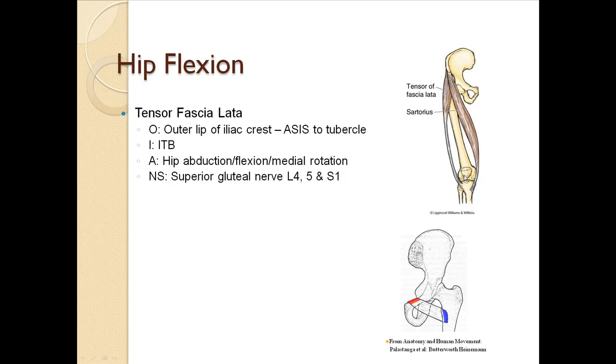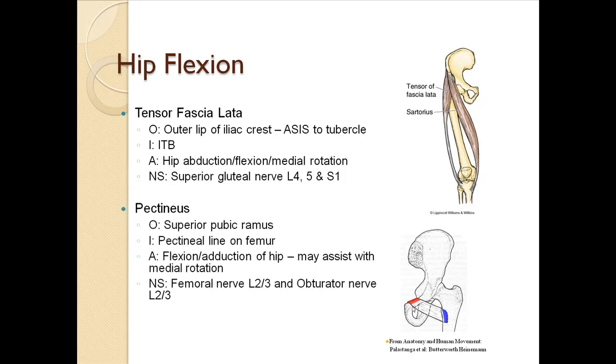Some of its fibers blend into the patella, some of its fibers blend into the upper fibula. This has a nerve supply from the superior gluteal nerve, a common nerve supply with the other abductors, gluteus medius and gluteus minimus.